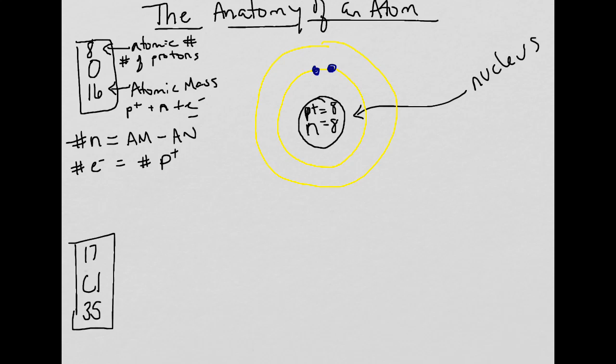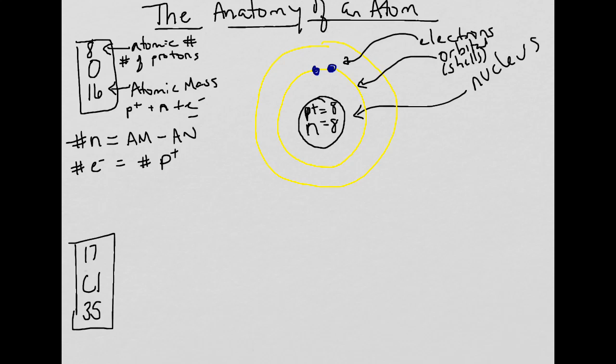Okay, so those electrons are drawn as little dots, right? These rings are the orbitals, or the shells. Okay.